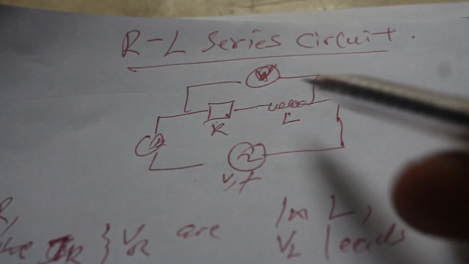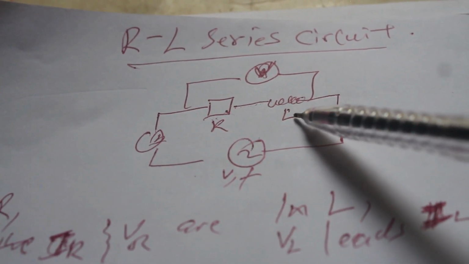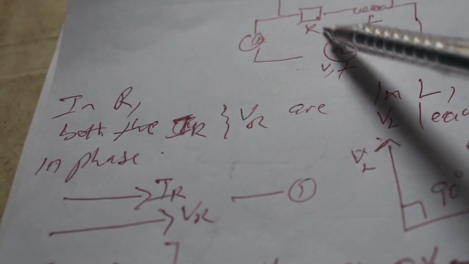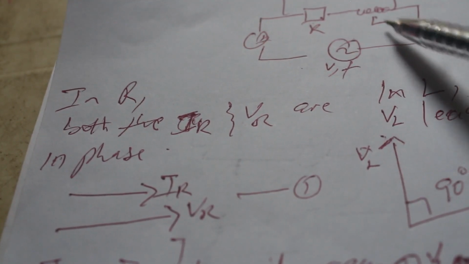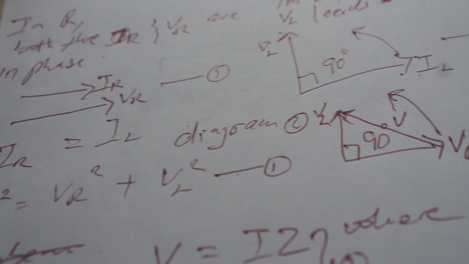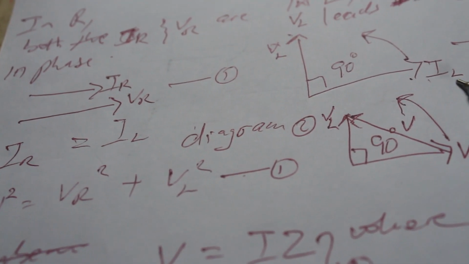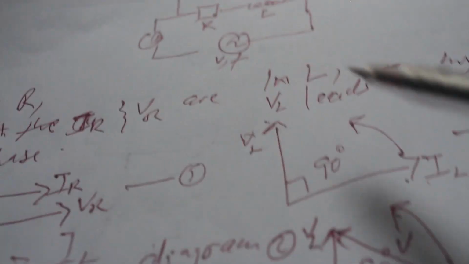So in this kind of circuit where you have just these two components only, resistors and inductors, in the resistor the current and the voltage are in phase, and in the inductor the voltage leads the current by 90 degrees. Now you know that the current flowing through the resistor is the same as the current flowing through the inductor, because they are connected in series.